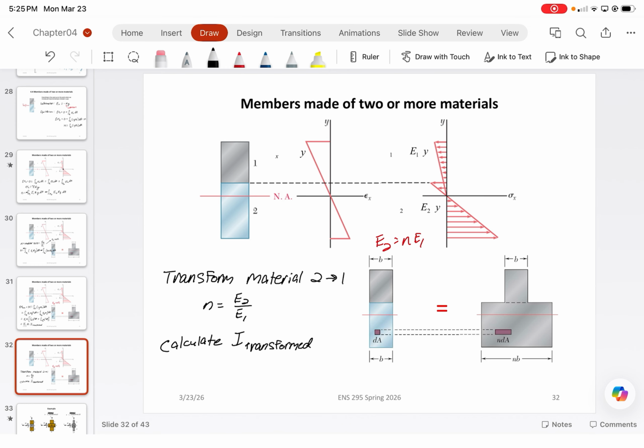And then lastly, apply Hooke's law to get the stress. You can calculate the stresses using sigma x equal to My over I, or n My over I, where I is the transformed second moment of area.